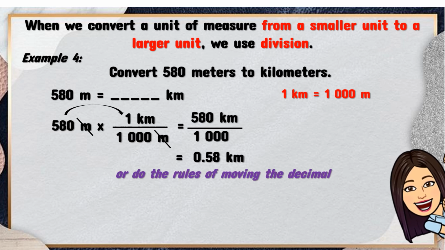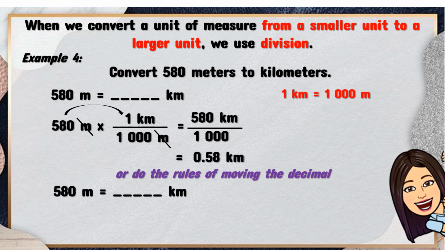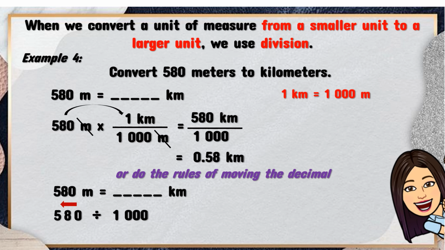Let's do the rule of moving the decimal. 580 meters to kilometers. So 580 divided by 1,000. Since this is from a smaller unit to a larger unit, we use division and we move the decimal to the left.